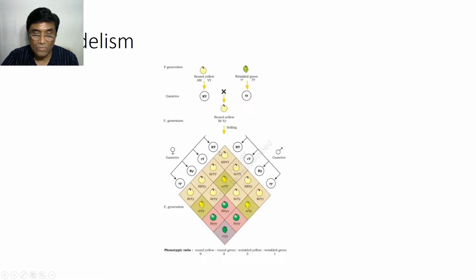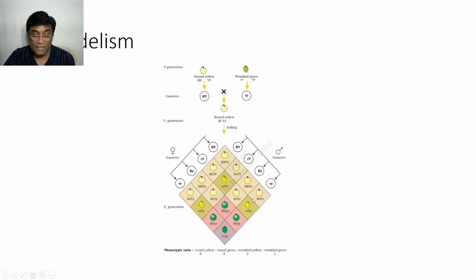R, Y, then R, Y, then capital R, small r, Y, so capital Y, and it's clear, right? So this with all these possibilities will give birth to this row, and this with all this will give birth to this row.